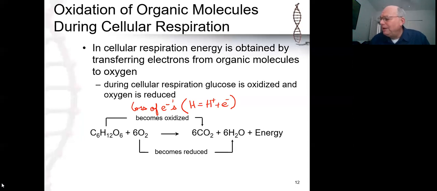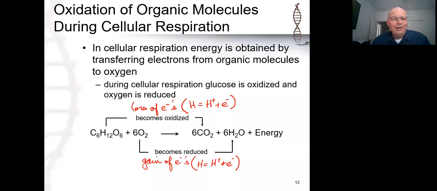The oxygen then becomes reduced because that's where the electrons are going to. They are gained by the oxygen. And so you have this gain of electrons or gain of energy, as represented in the equation, by the gain of hydrogens by the oxygen to form water.